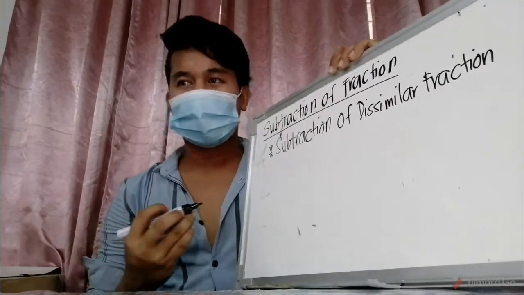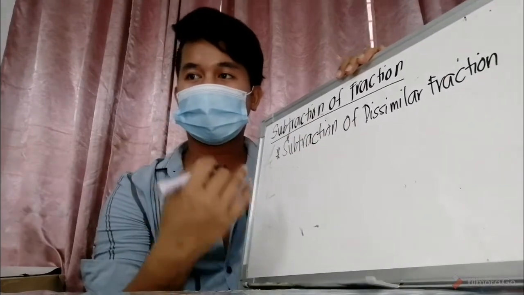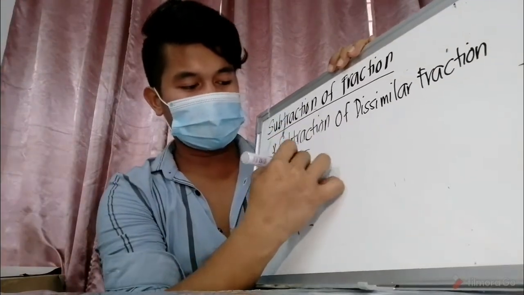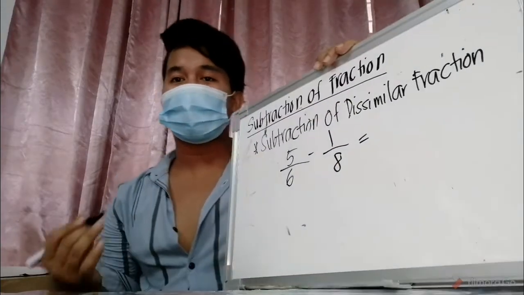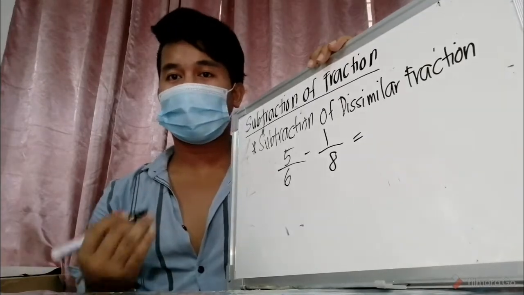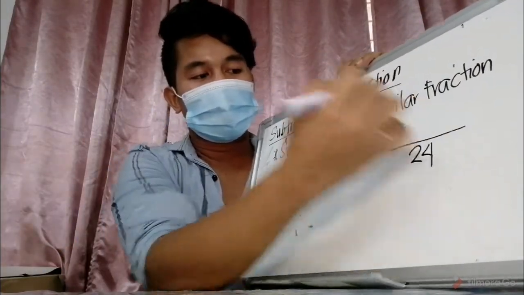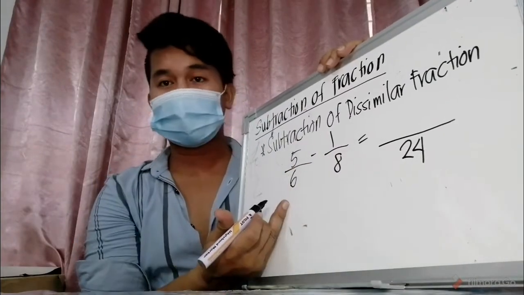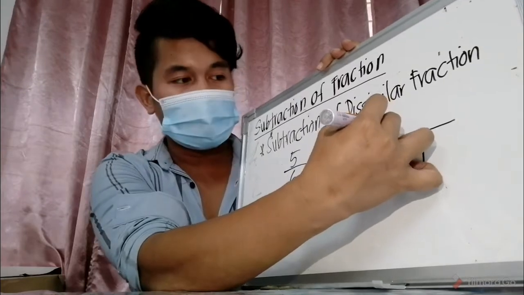Another example is subtracting 1 over 8 from 5 over 6. So consider we have 5 over 6 minus 1 over 8. Of course, we need to find the least common denominator first. The least common denominator of 6 and 8 is 24. And 24 divided by 6 is 4, times 5 is 20.